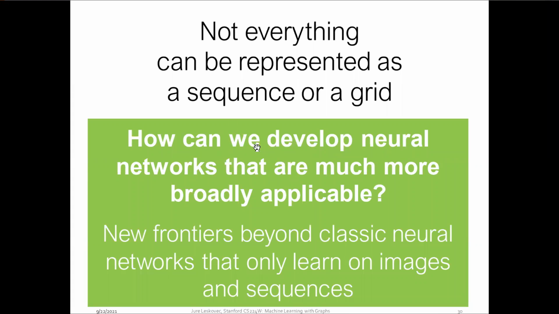Okay, so the question is, how can we develop the neural networks that are much more broadly applicable, not just to sequence or grids, right? And it's actually a very active frontier of machine learning research.